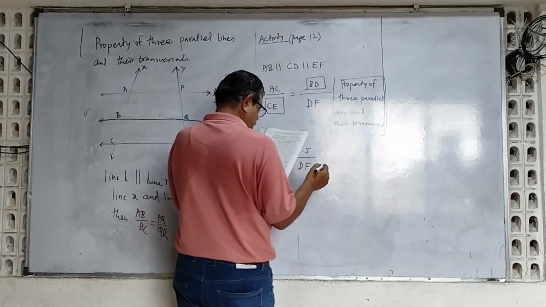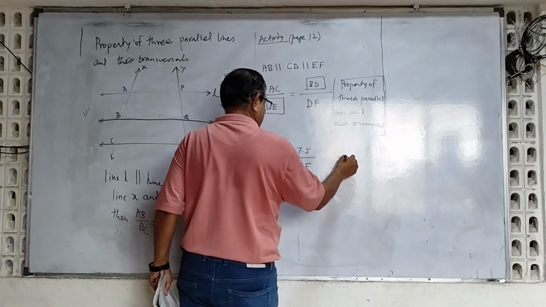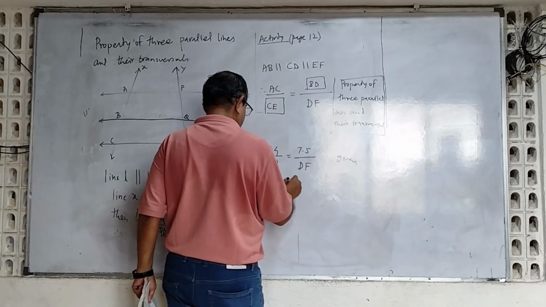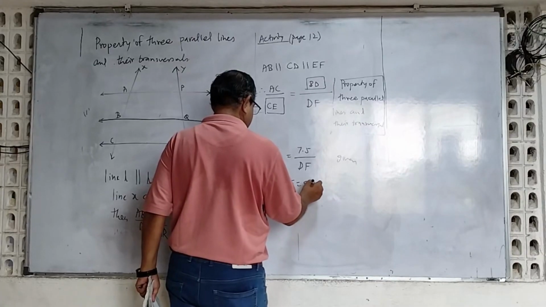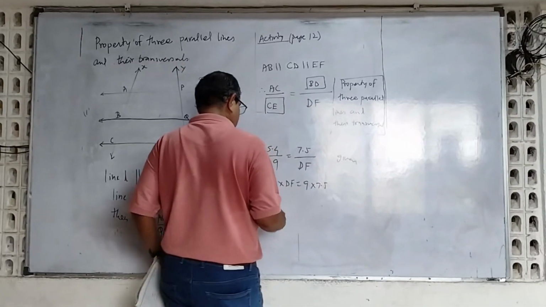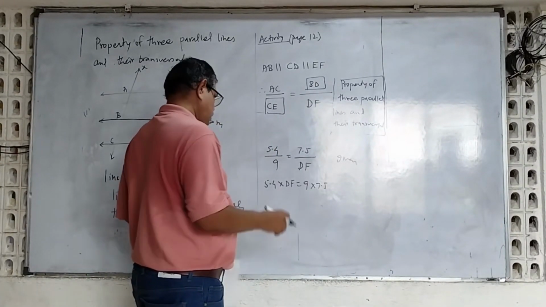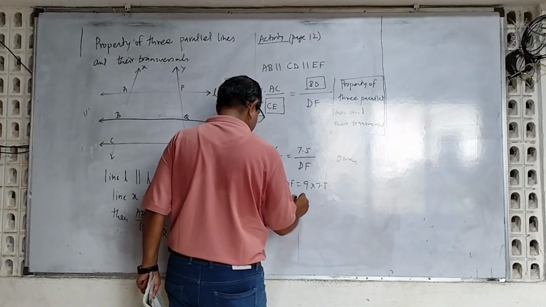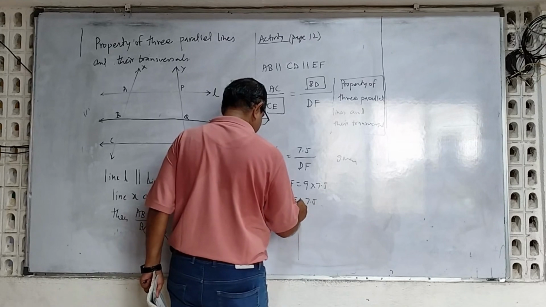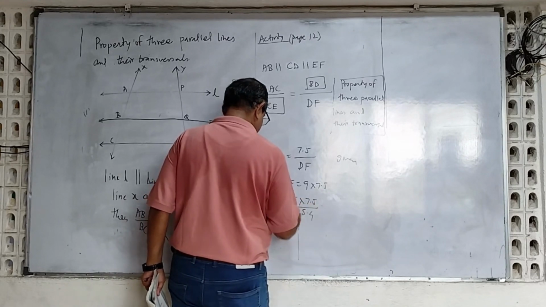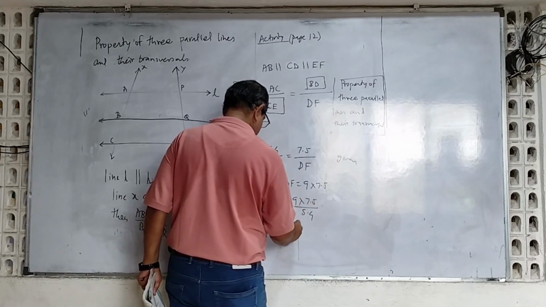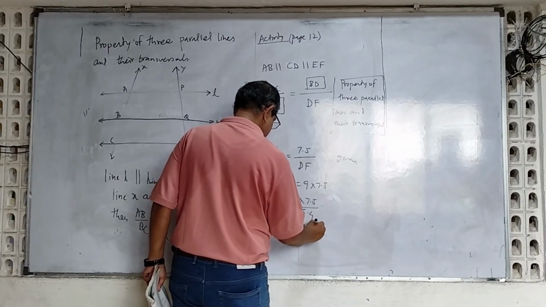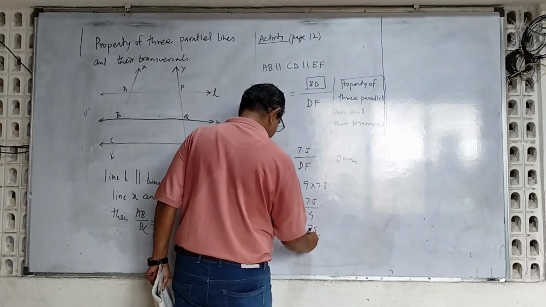Again the reason will be given here. Cross multiply. This step you have to show. Without that you cannot complete your answer. Though you can get DF directly, you have to show these steps. So DF is equal to 9 into 7.5 divided by 5.4, which is 9 into 75 upon 54.